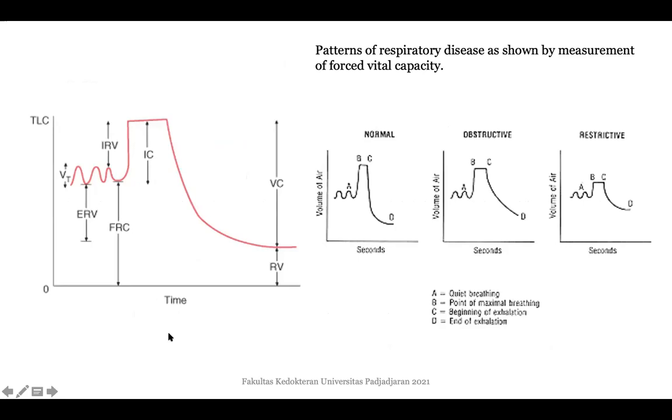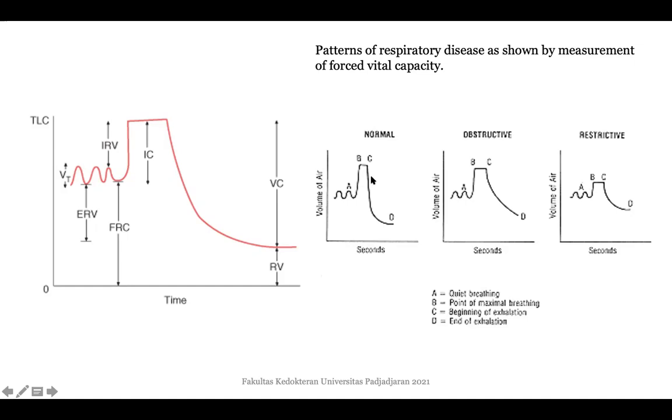So we're going to see in the next slide if we can see the pattern of the respiratory diseases. Here is the normal graph, and then the obstructive and the restrictive. In the normal person, at first in the test, the subject is told to breathe normally, just breathing in and out. Then they're told to inhale as much as they can, and that's right here, increasing the volume.